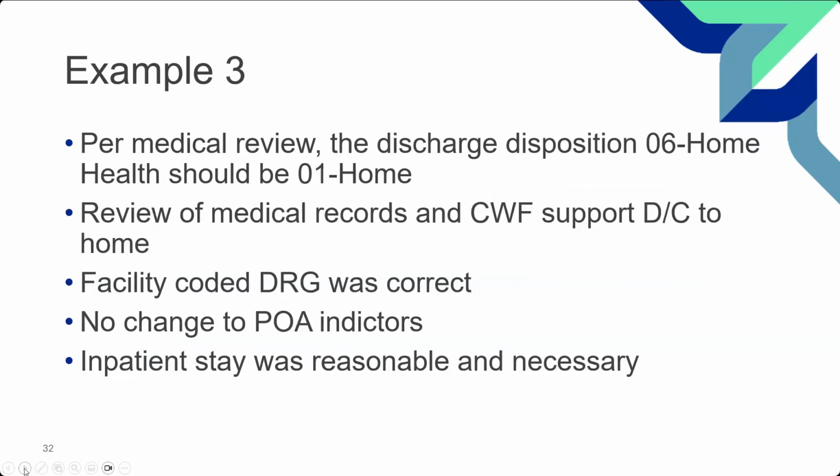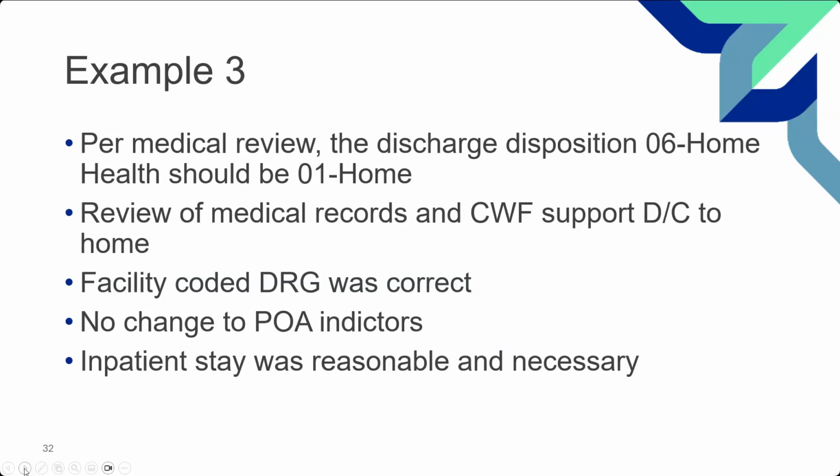Let's move on to the next slide and look at example 3. So in this review, the CERT medical review contractor looked at this claim and found that the discharge disposition on this one was 06, which was home health as coded by the facility, and it should have just been home.